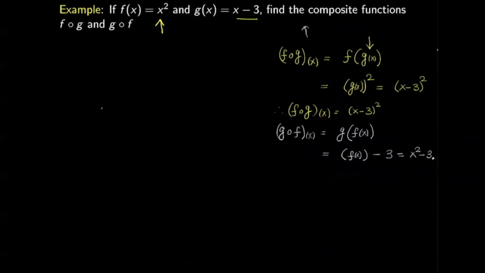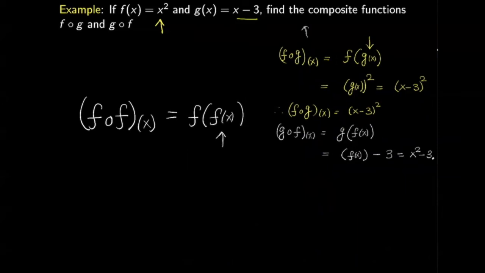You can also define the composition of f of f. This time the function is composed by itself, or in other words, the function f is taking itself as an input. The function f is the input of the function f. So first we will look at how the function f is defined. The function f is defined as square of x.